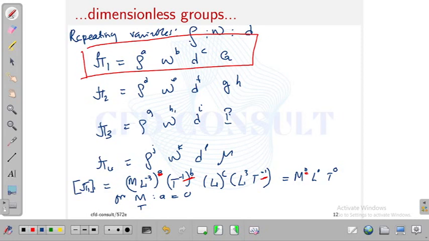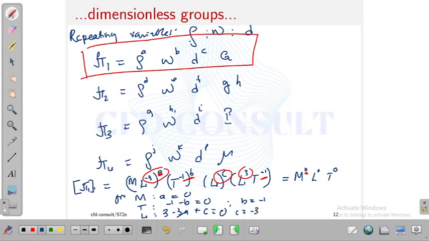So for T, we can say that minus 1 minus b is equal to 0, from which we can say that b is equal to minus 1. For L, when you look at the left hand side, we have minus 3a, and then we have c, and then we have 3. So for L, we can say that 3 minus 3a plus c is equal to 0. So from which, since a is equal to 0, c is equal to minus 3.